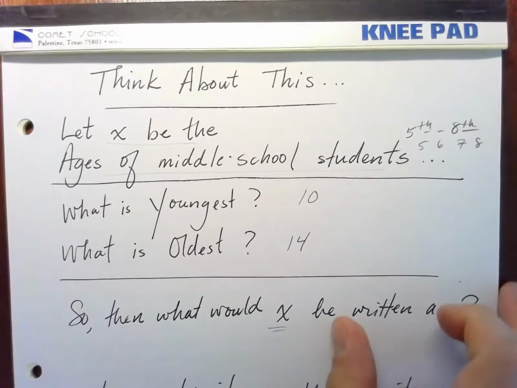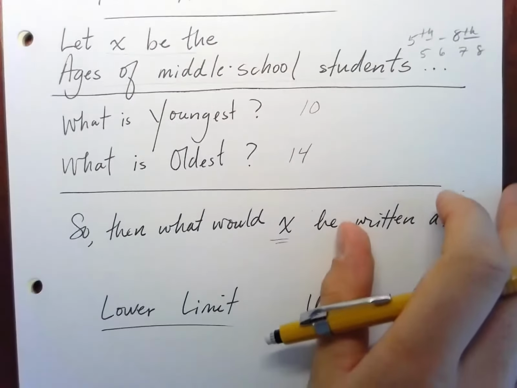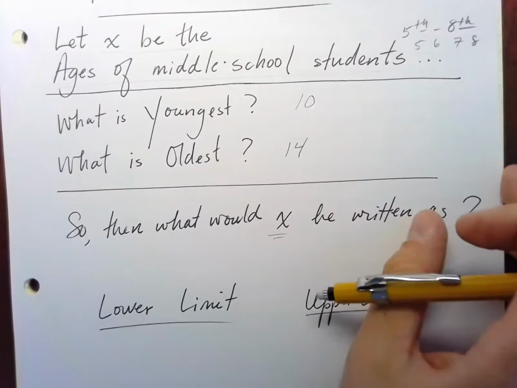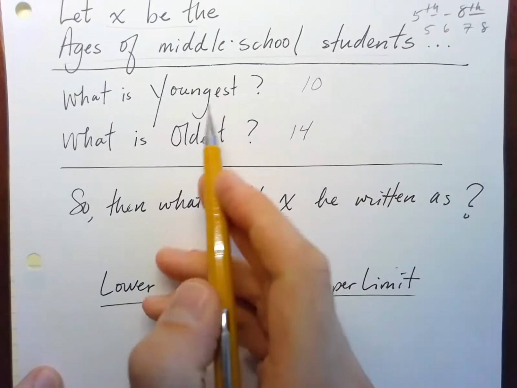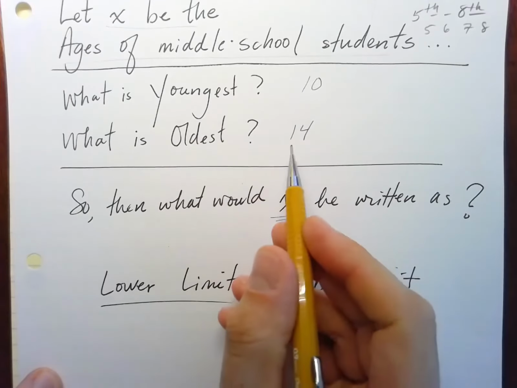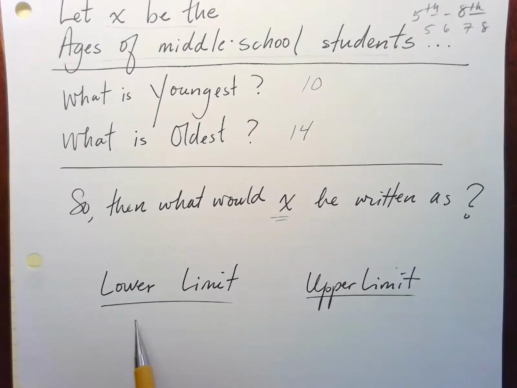Okay? But let's think about this. If we're saying that middle school students could be between 10 years old and 14 years old, then we can really think of this as a lower limit. So the lower limit is what? 10. Obviously nobody younger than 10 is going to be in middle school.